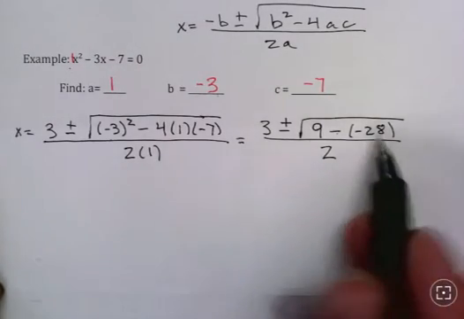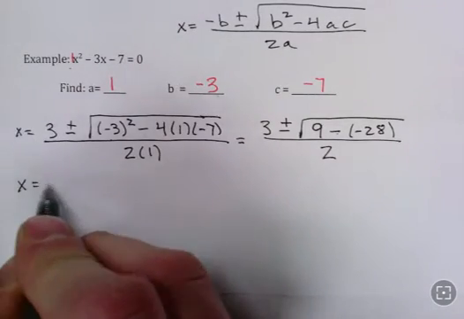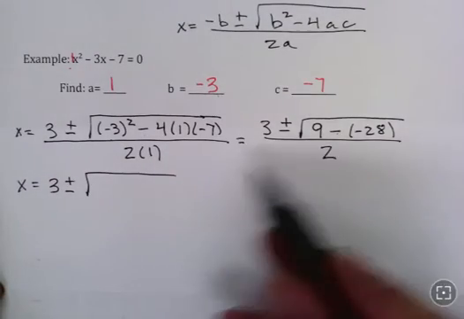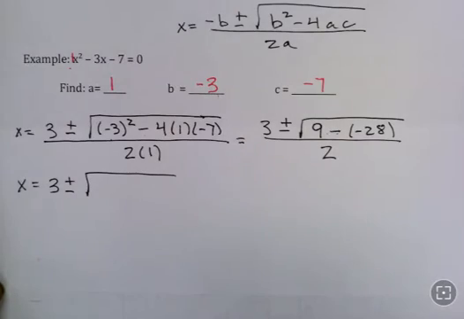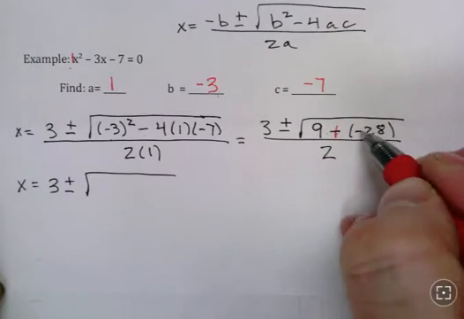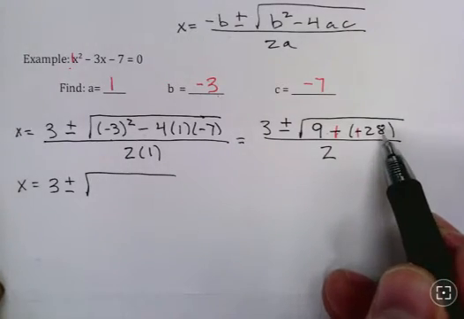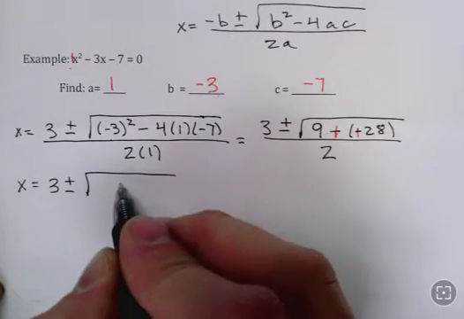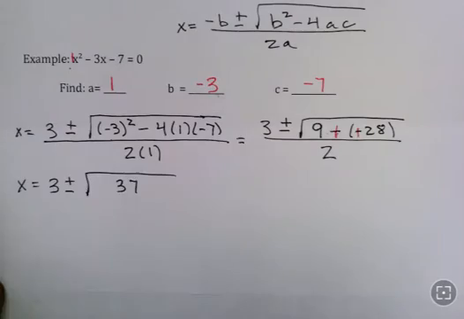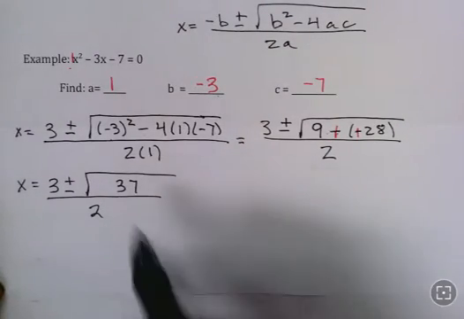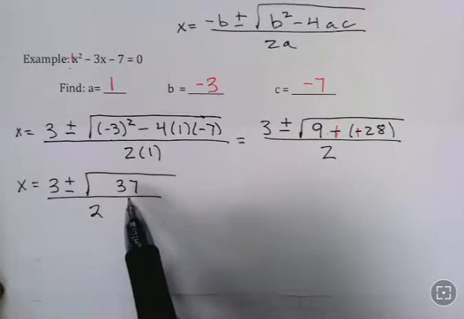So now we continue to simplify inside that square root. So positive 3 plus or minus the square root of 9 minus a negative. Of course, subtracting a negative means that you can add those two things. So you have 9 plus 28, which would be equal to 37, and that's all over 2. Normally, we would say now you have to simplify the square root, but 37 is not a square number.